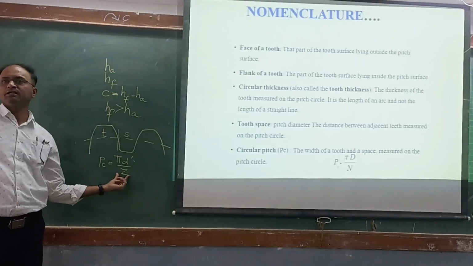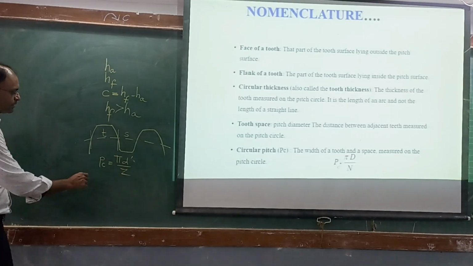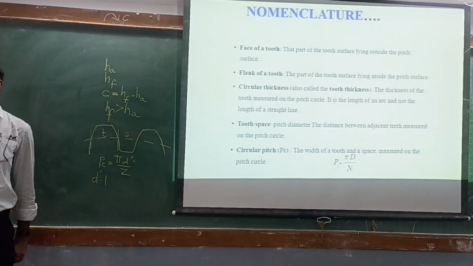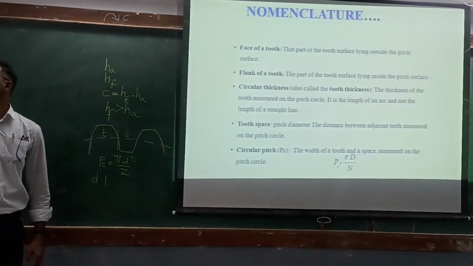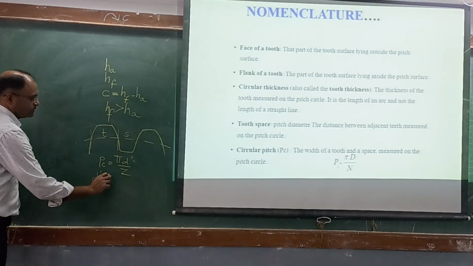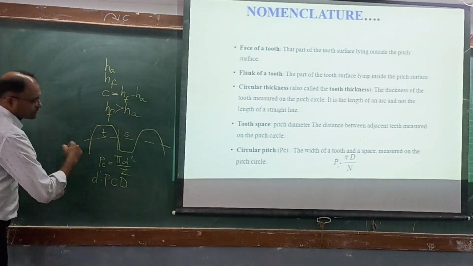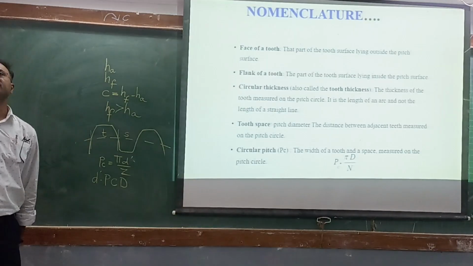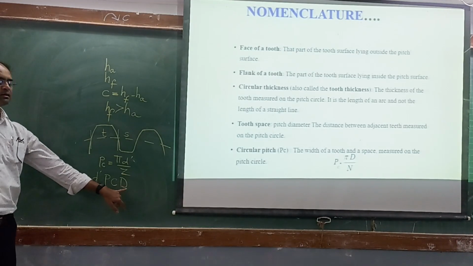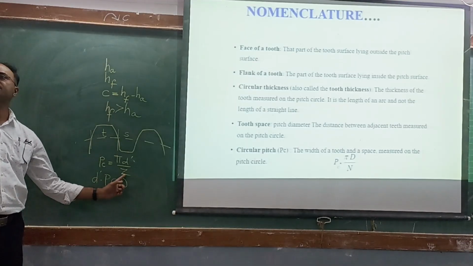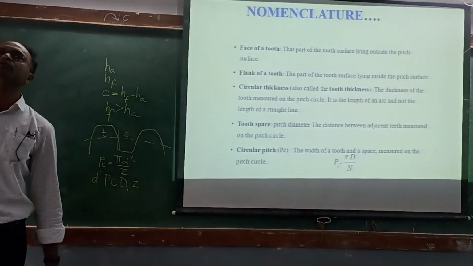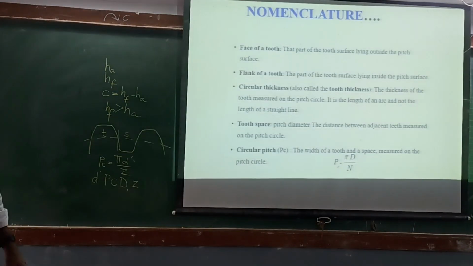Z is number of teeth, right? Where d dash is pitch circle diameter. अब इसको हम शॉर्ट में we call it as PCD. PCD मतलब pitch circle diameter, and Z is number of teeth. So Z is the notation used for number of teeth. Okay.